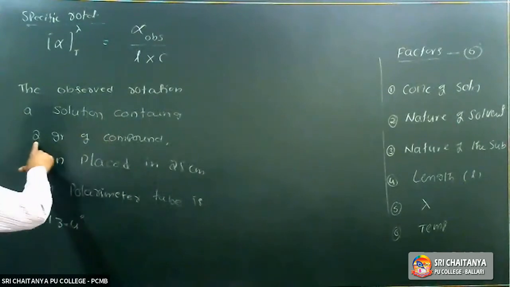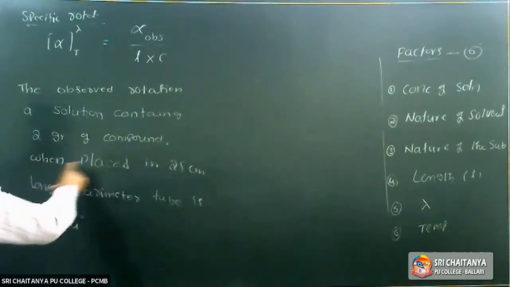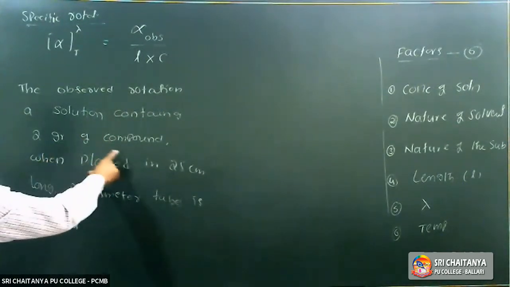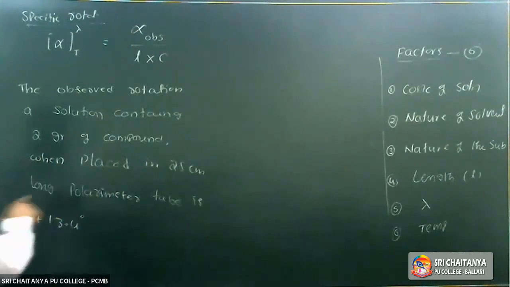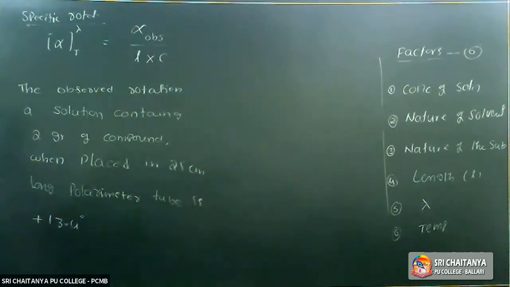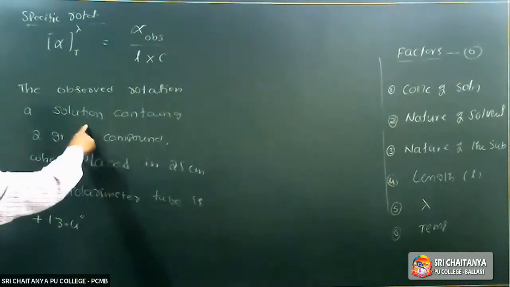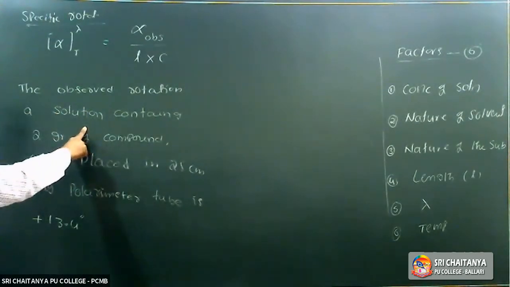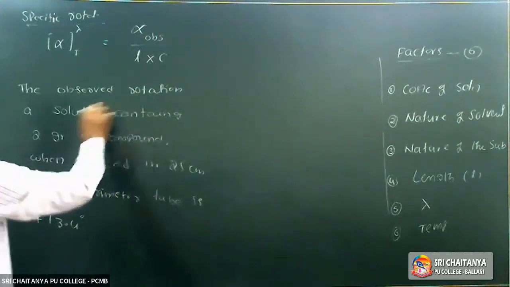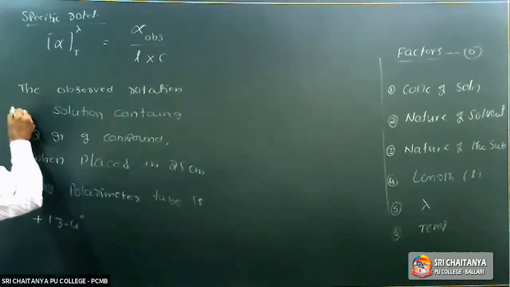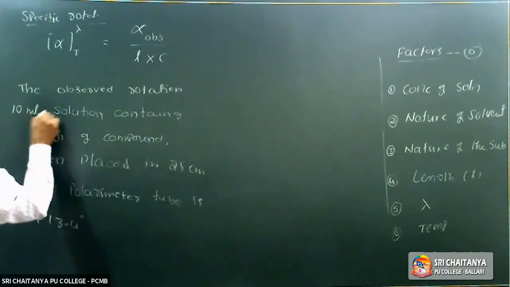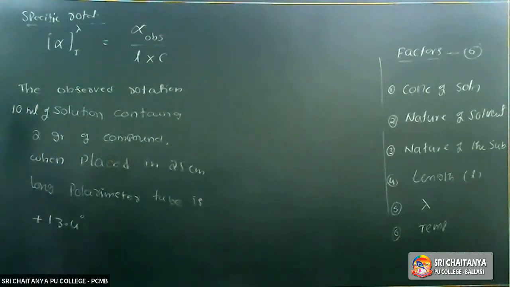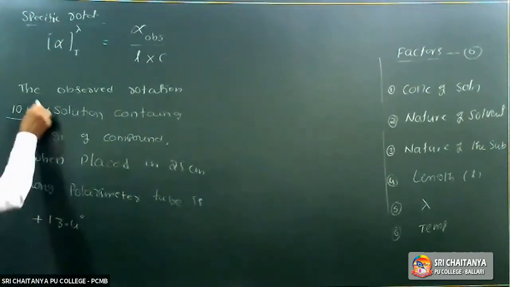Next, the weight of substance is 2 grams, placed in a 25 centimeter long polarimeter tube, observed rotation 13.4. The volume of solution is mentioned as 10 ml.